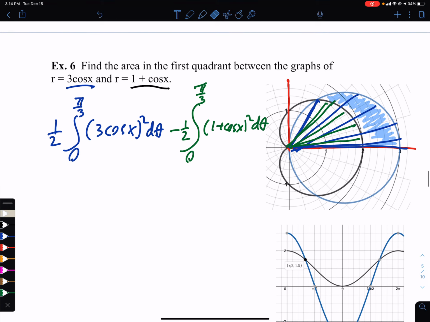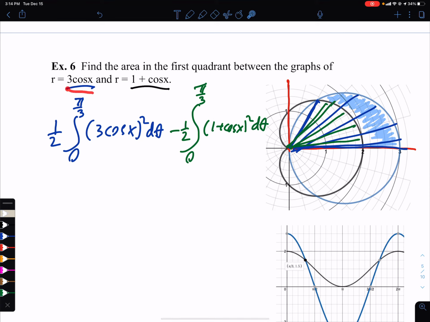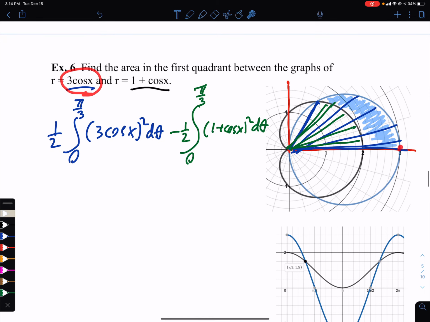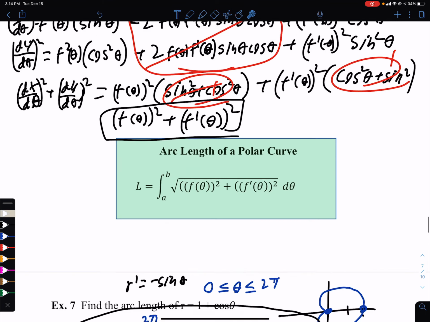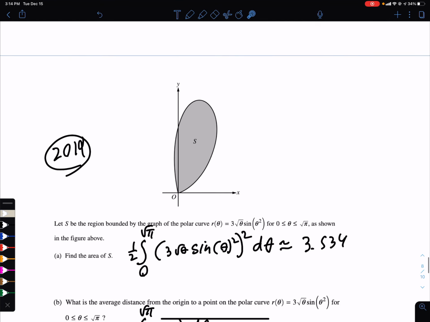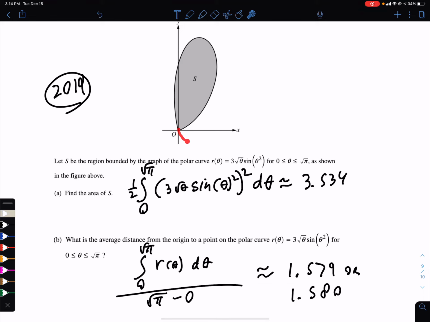Yeah, right here: r equals 3 cos theta. Basically, it tells you where you start, and you get a circle that touches the origin. You could have graphed this on your calculator and got a pattern of this. But on this problem, that's going to get us a circle right here.